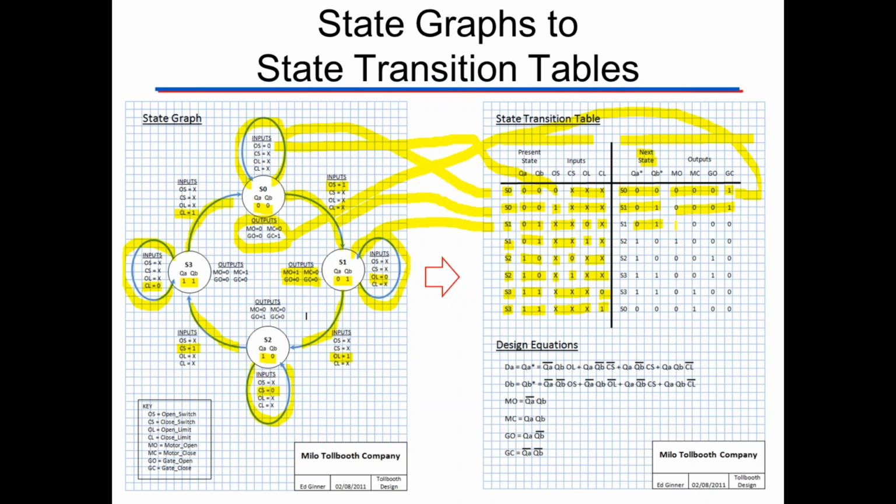The motor goes on, so we change motor open to a 1. The other thing we change is gate closed. That LED no longer says the gate's closed because the motor's turned on and now the gate's opening. So that goes to a 0, and we fill these two in 0. Remember, this comes from right here, these outputs. So that's how the table gets filled in.